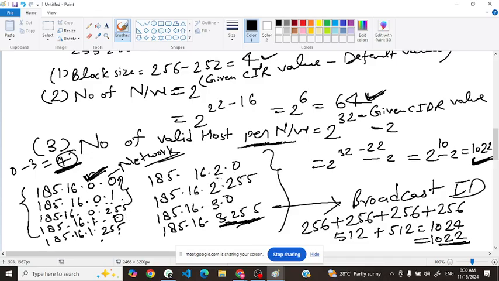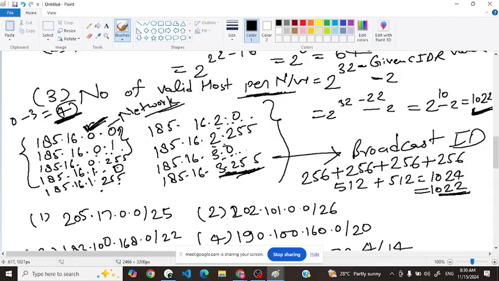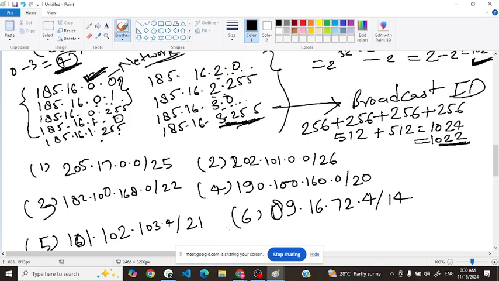If the block size is 4, then the number will increase only 0 to 1 to 2 to 3 in one block, in one network. It is only one network.